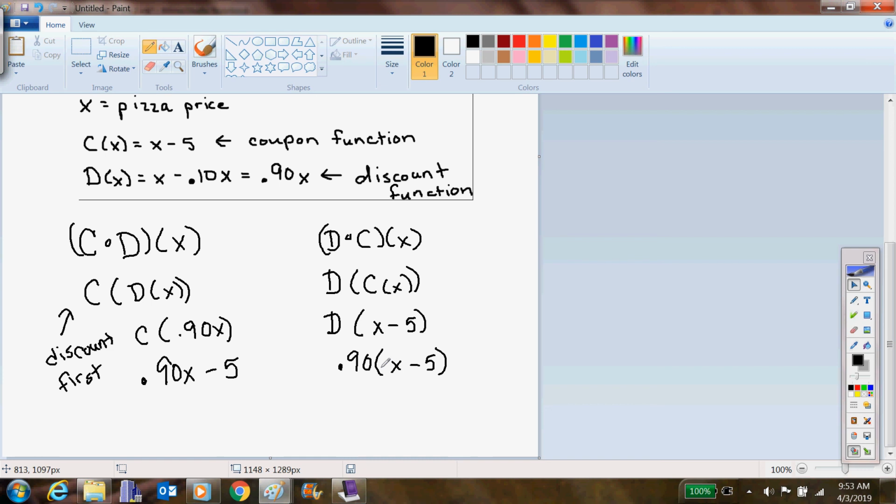Let's go ahead and distribute this for comparison's sake. So I have 0.90x minus how much? 4.5. Somebody said in terms of money, good job, $4.50. So we have these two.